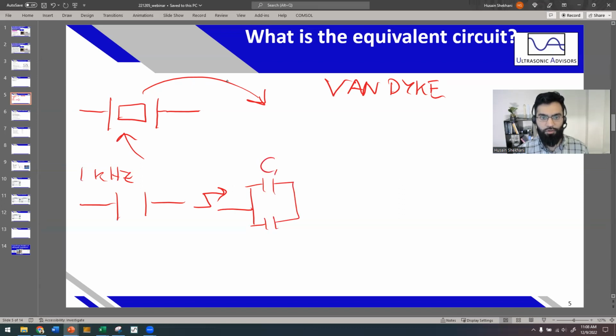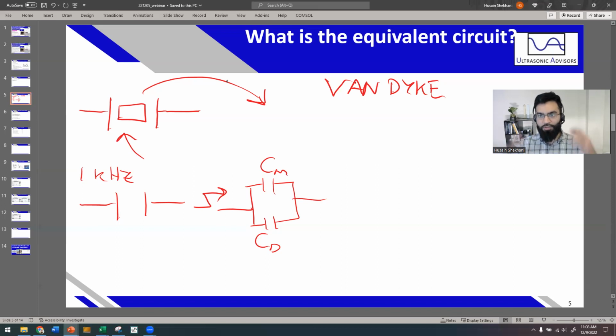There are so many different terminologies floating around in ultrasonic transducer texts and reports, so I sometimes make up my own subscript. So here we go, CM and CD. This would be the dielectric component, and this is a mechanical component.